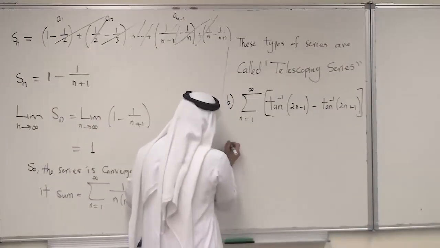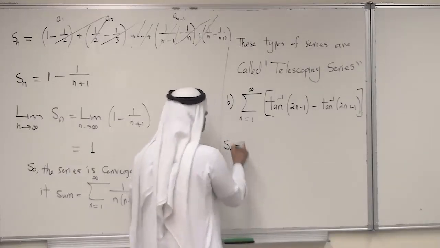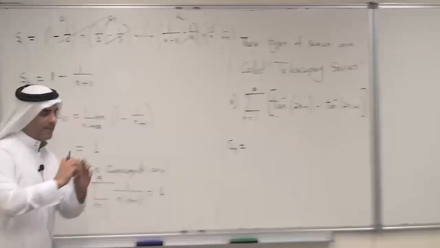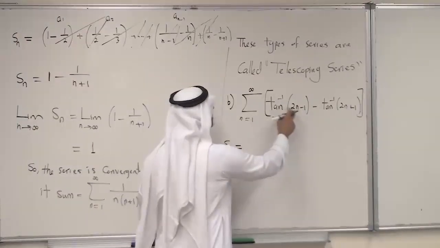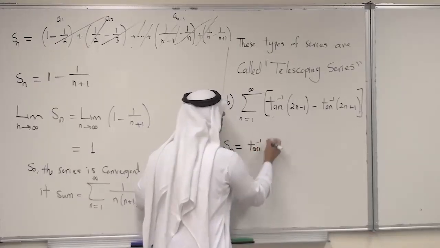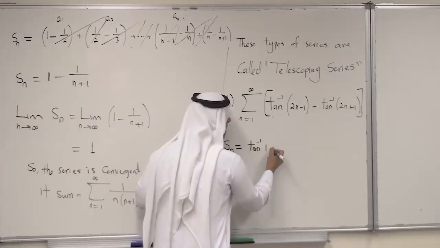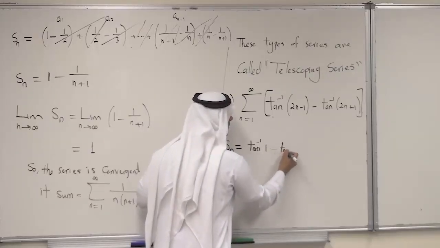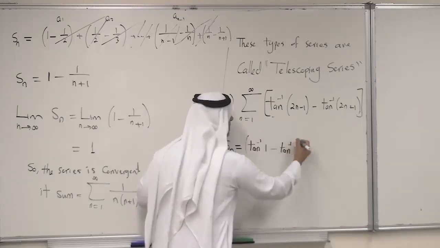As we did before, we have to find Sn. This is the definition, and that's always the first step. We need to find Sn, the sum of the first n elements. So I substitute 1 here to get tangent inverse of 2 times 1 minus 1, that's tangent inverse of 1 minus tangent inverse of 3. That's the first element in the nth partial sum.